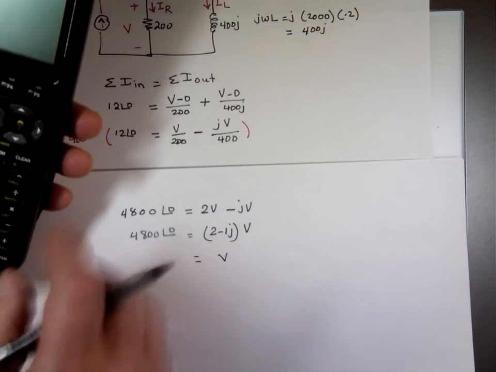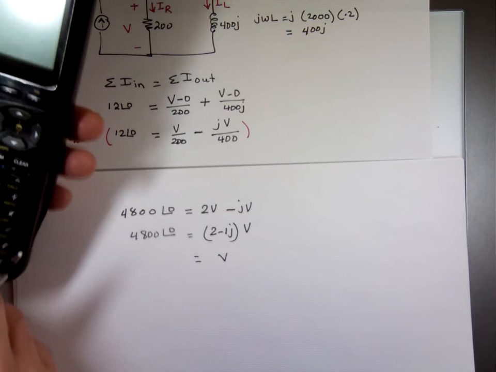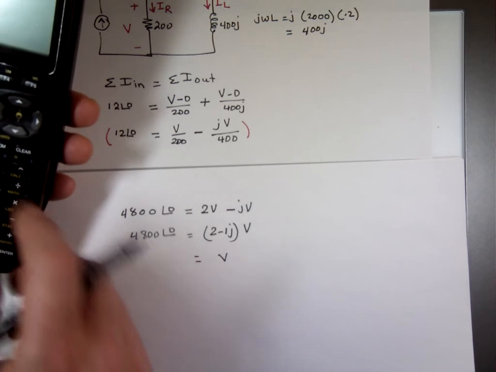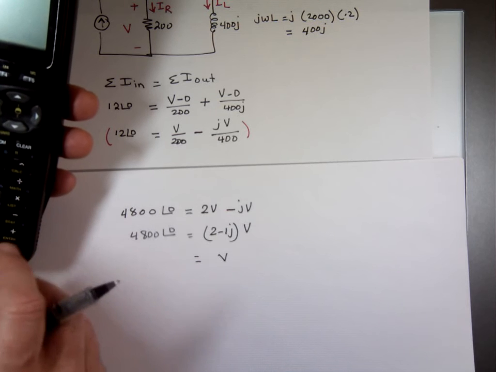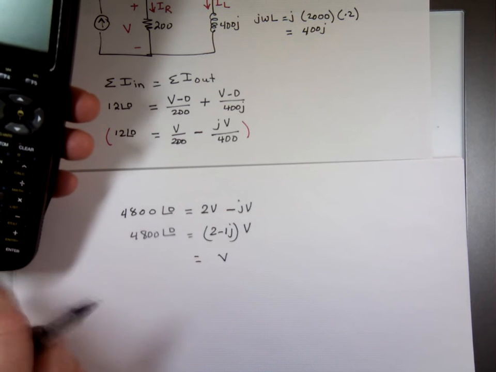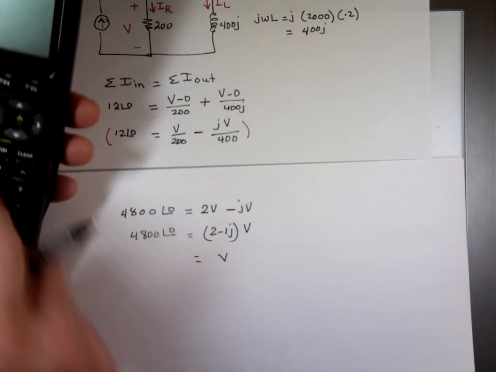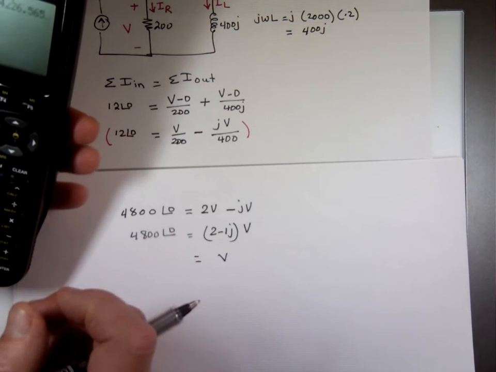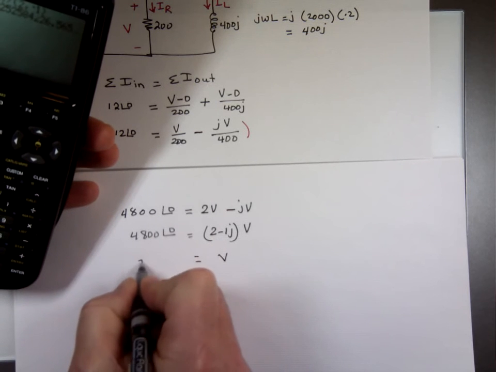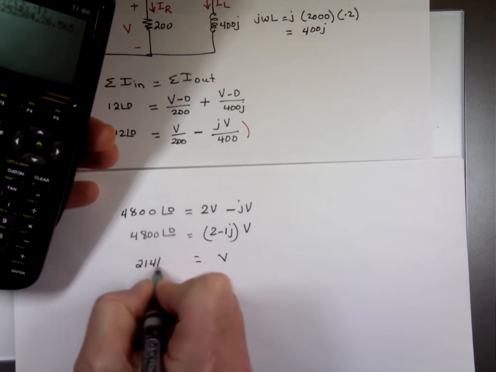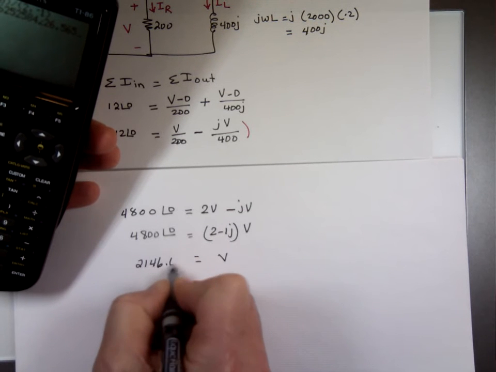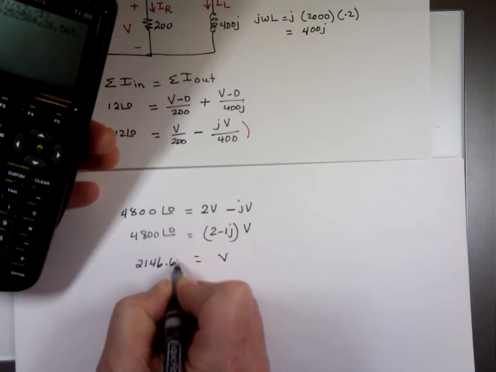4800 angle 0 divided by 2 minus 1J. And I got 2146.63. 63 is good.